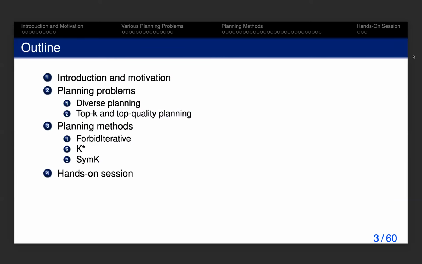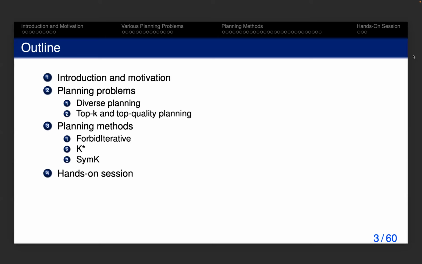Okay, so here's an outline of our tutorial. We're going to start with introduction and motivation, and we're going to talk about planning problems. In particular, we're going to talk about diverse planning. Then we're going to switch, and Michael is going to cover top K planning and top quality planning.